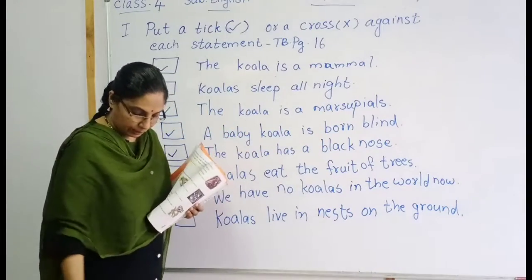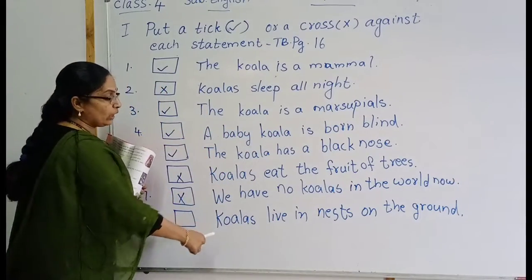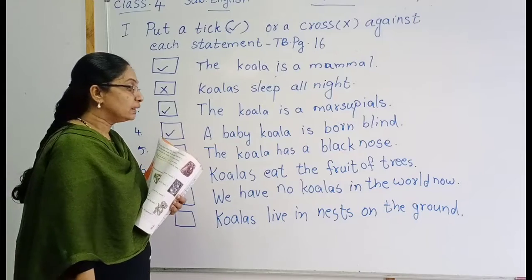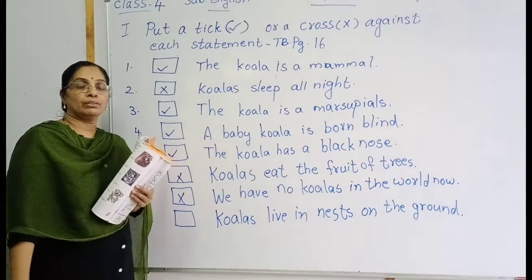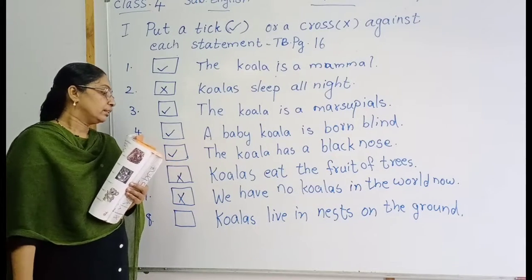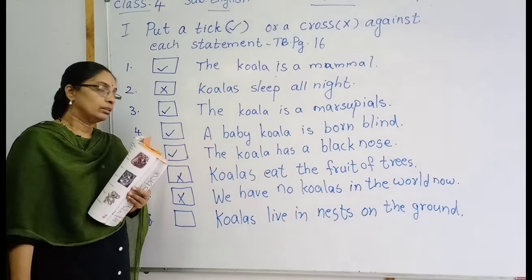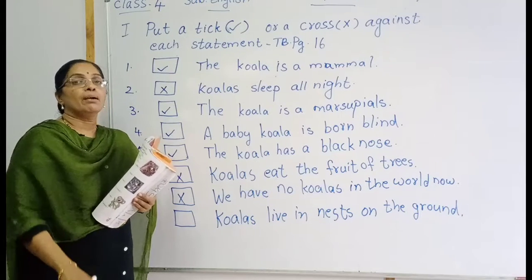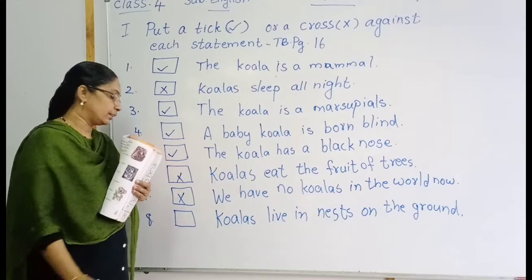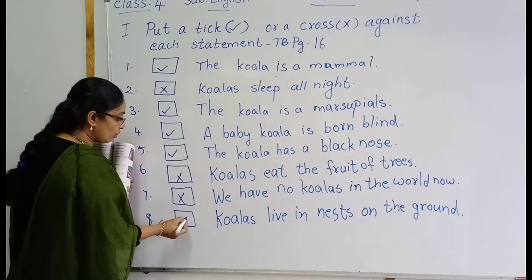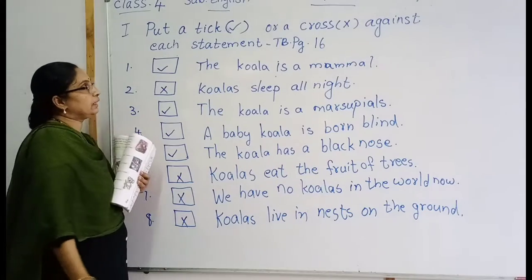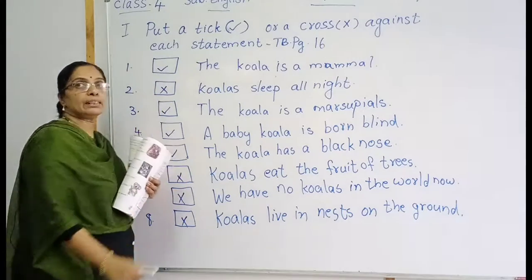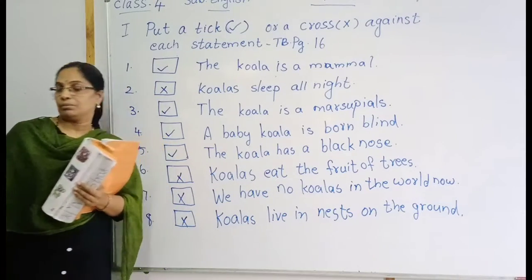Read the sentence, children. Koalas live in nests on the ground. What we explained, children? The koala doesn't have a nest or home. It lives on the branches of the tree. So the statement is also wrong. Okay, children. This is the first exercise.